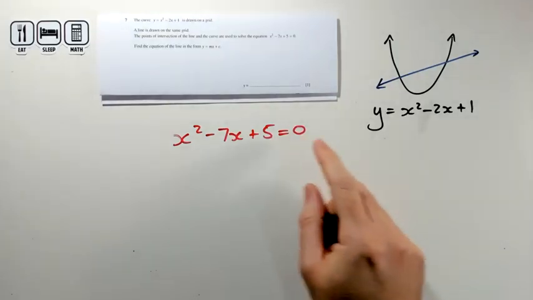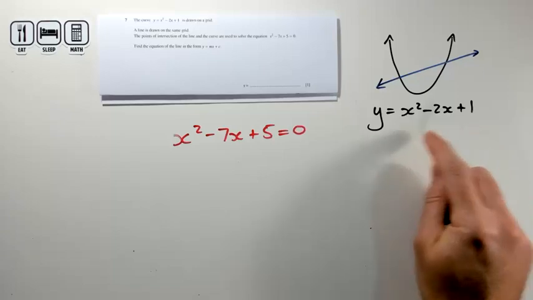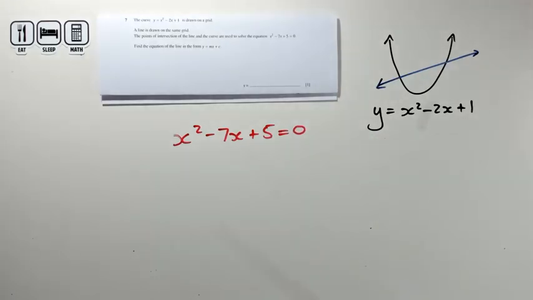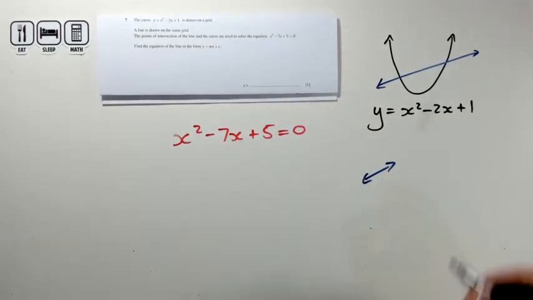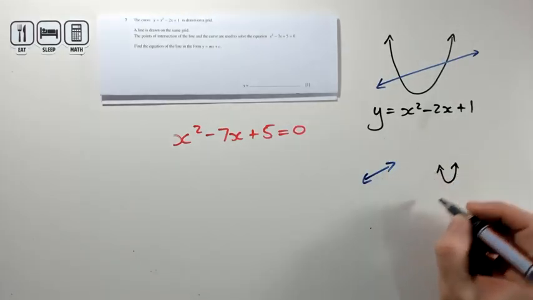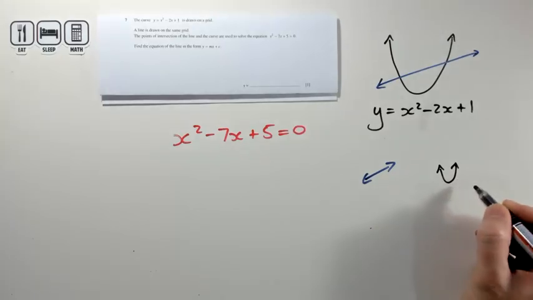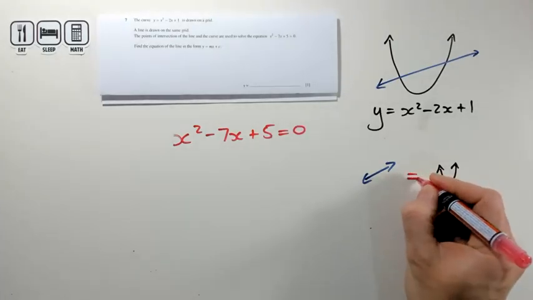So what do we usually do? Usually they give us the parabola and the straight line. So they would give us the line function and the parabola function, y is something, something, something and y is something, something, something. And then what we would do is equate them to each other.